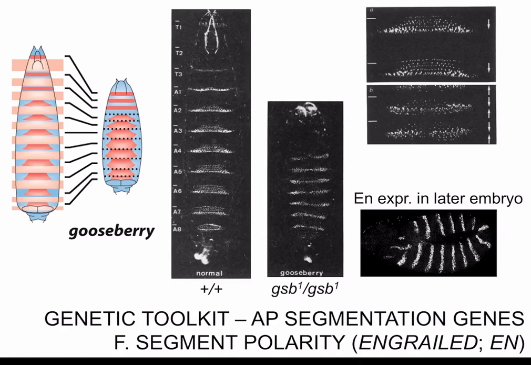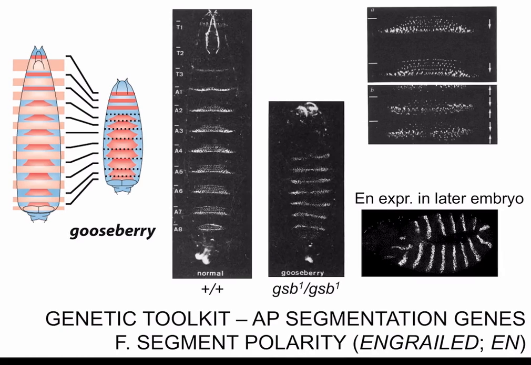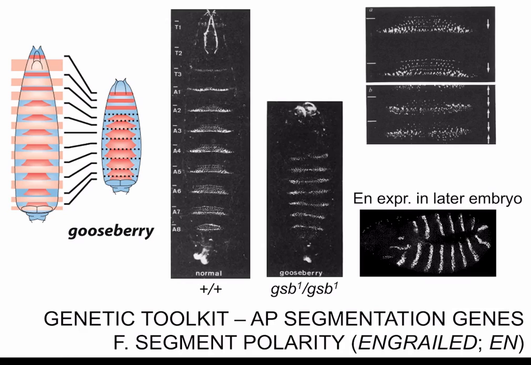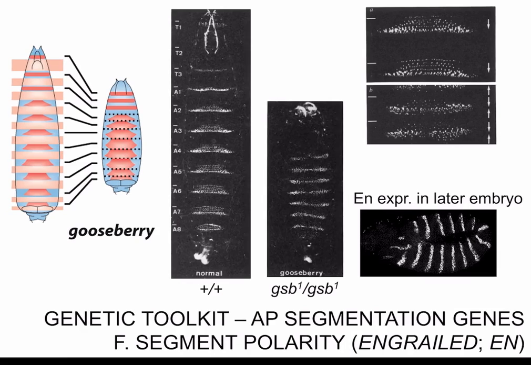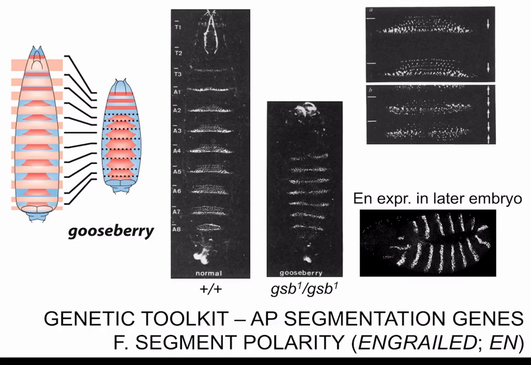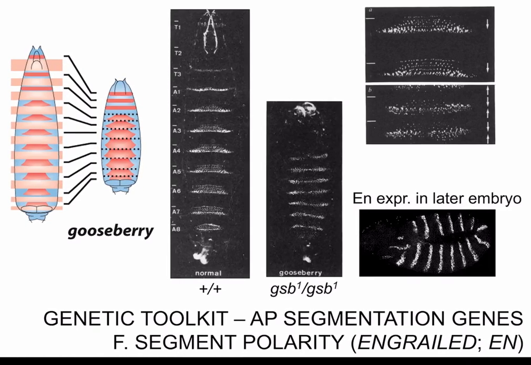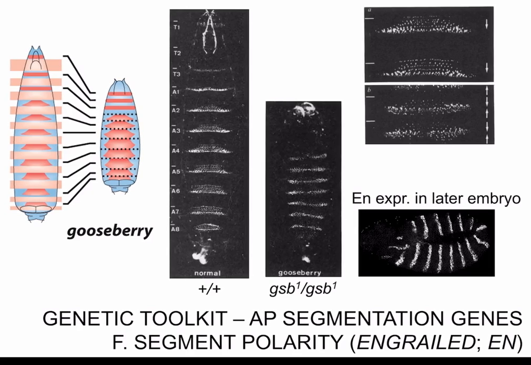The pair rule genes tell a cell which particular segment they lie in, and this would be like an address specifying what state you are in. And finally, the segment polarity genes tell you whether you are in the anterior part of a segment or a posterior part of the segment, and this would be like saying which city you are in.